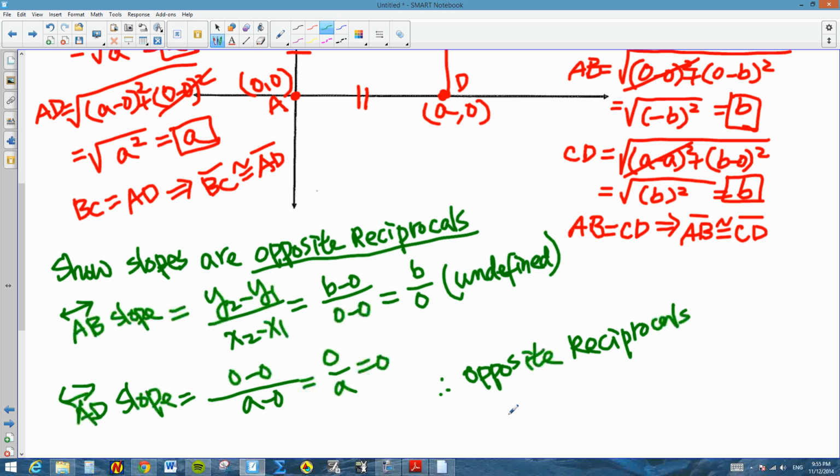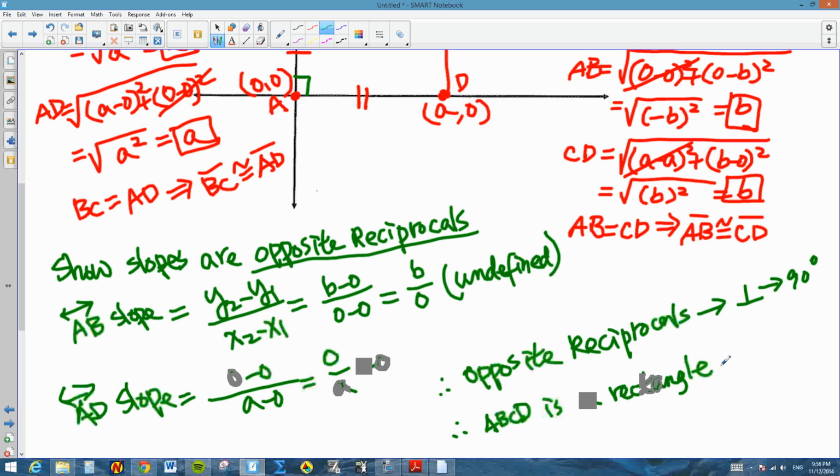So we can say they are perpendicular, and perpendicular means they are 90 degrees. So this angle is 90 degrees. Therefore, we can say ABCD is a rectangle. We're done. That's the proof.